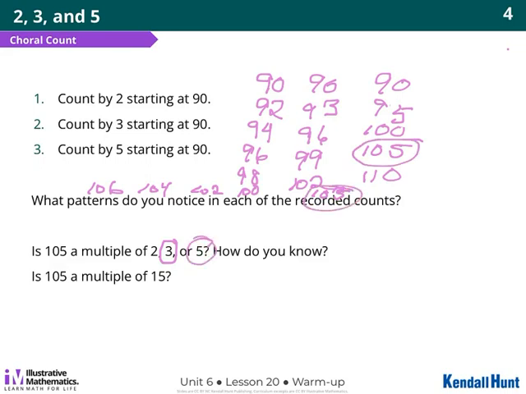Okay. Is 105 a multiple of 15? No. Yes. Raise your hand, Kira. What do you think? Yes. Let's count by 15s. Are you guys ready?